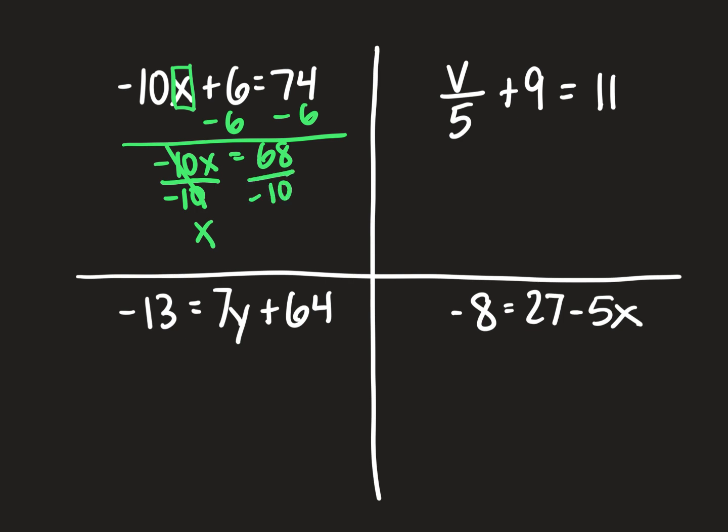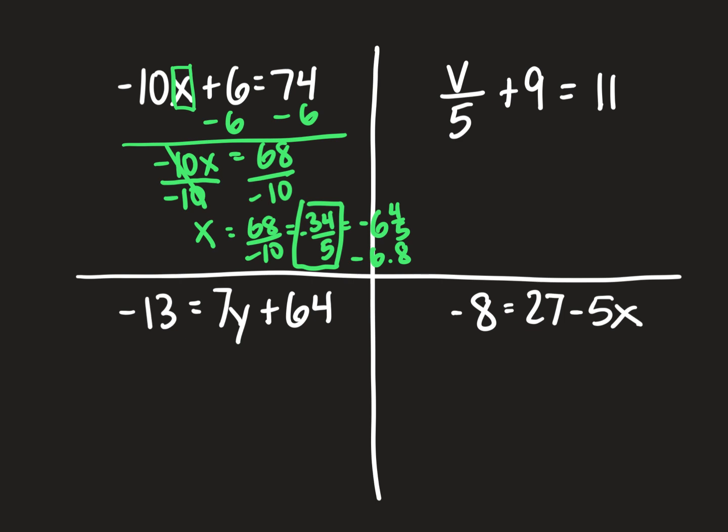When I divide by negative 10 on the right side, I don't get a nice, neat integer, so you can leave it as a fraction as long as you reduce it. In this case it would be negative 34 over 5, and I would accept that as an answer. You could go a step further and change it to negative 6 4/5 or negative 6.8, but that's not required. So make sure that you reduce it, otherwise it'll be a half point off.